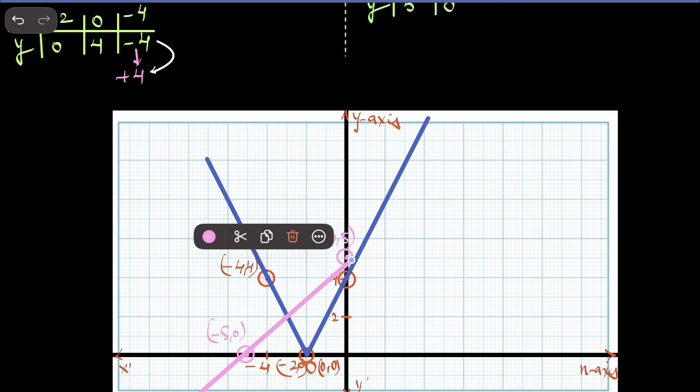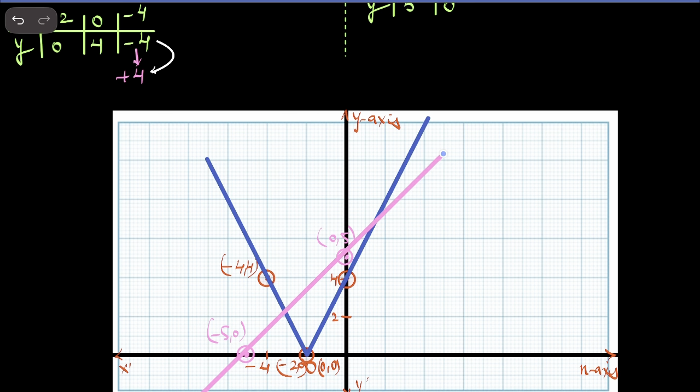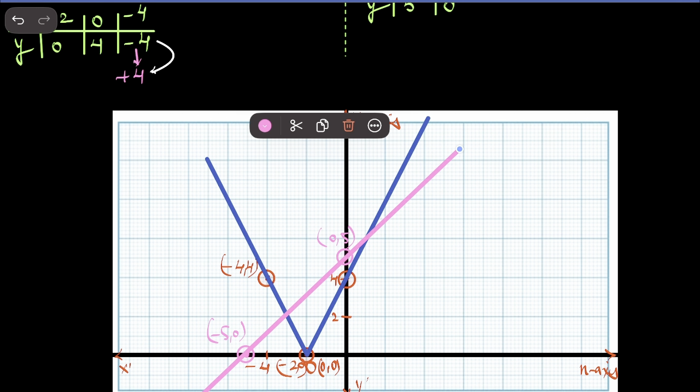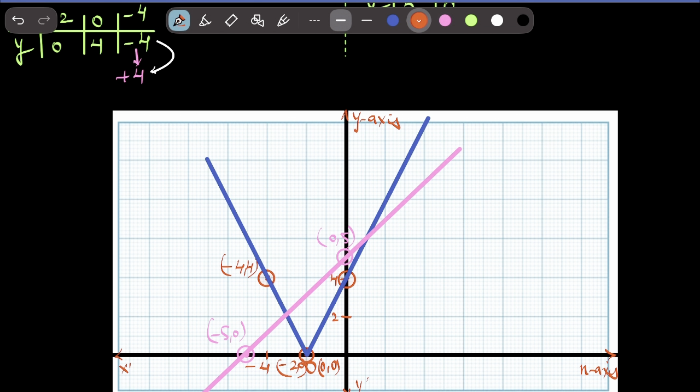and I will stretch this line on both the sides so that I can come to know where this line is actually intersecting the other line. So here you can see easily that this particular line is intersecting the given modulus line at 2 points. This is your first solution and this one is second. This is your A and this is your B, right?